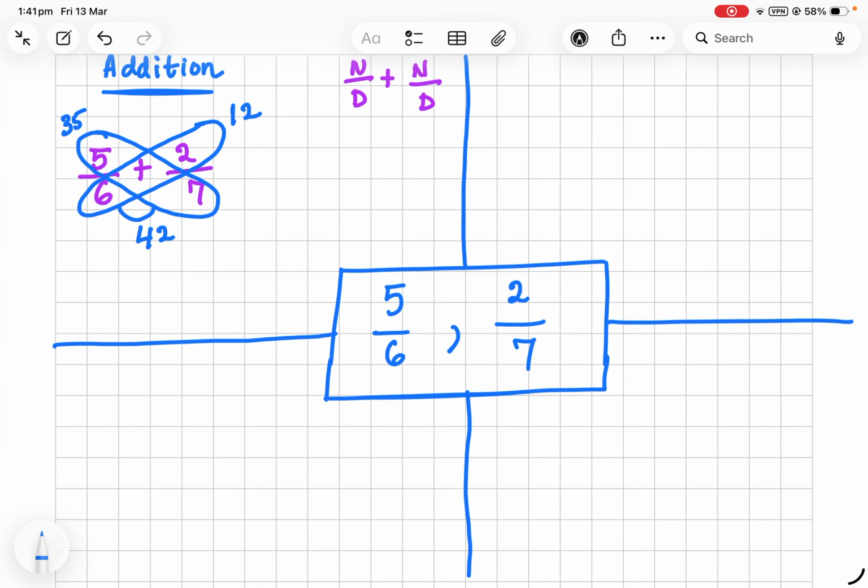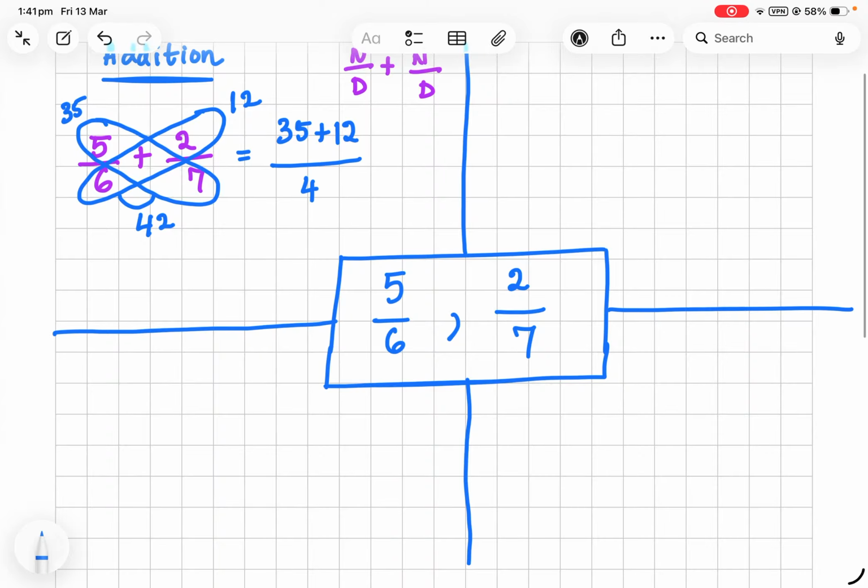Now once you're done, you're going to write them like this. You're going to do 35, now the plus comes into the picture, 12. So 35 plus 12 divided by 42. You can see that 35 plus 12 is 47 divided by 42.